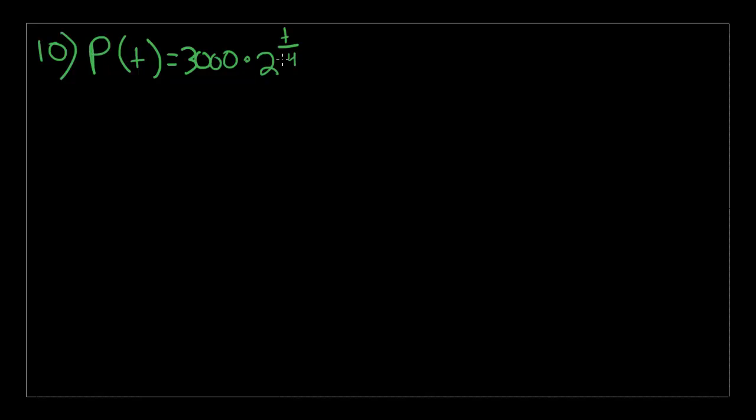So very intense problem. Some organisms are being cultured in a biology lab. The population P of the organisms in the culture t days after the culture began is modeled by the function above. By how many organisms does the population increase from t equals 4 to t equals 16?